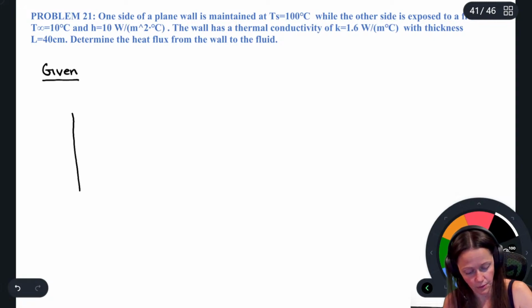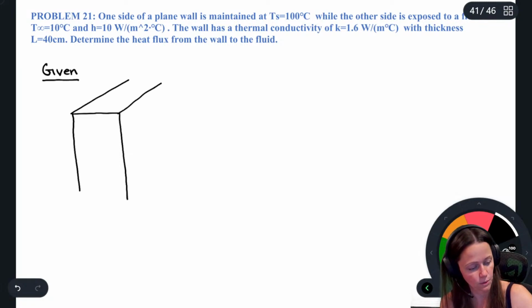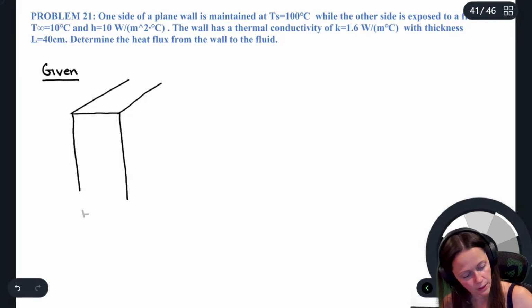All right, so I draw my wall. There's x equals 0.